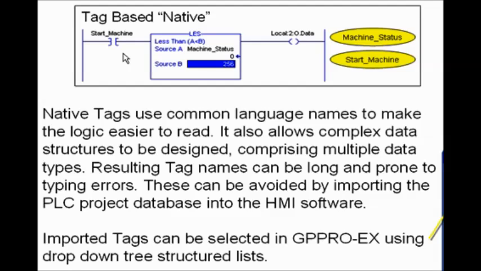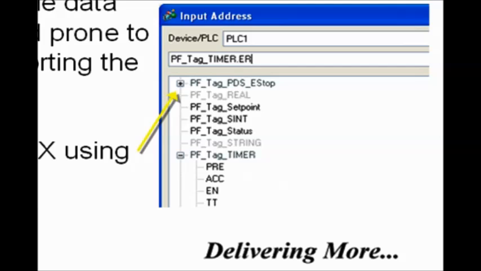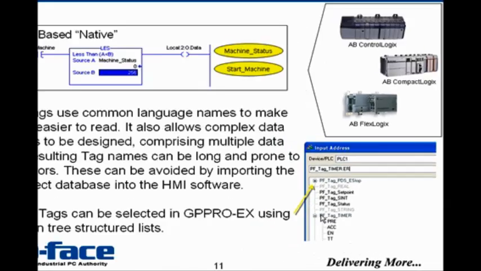So this really makes it imperative to export the tags from the RSLogix software, import them into GP-PRO EX, and then have them available from a drop-down list that will mean that we don't make mistakes in typing, etc.